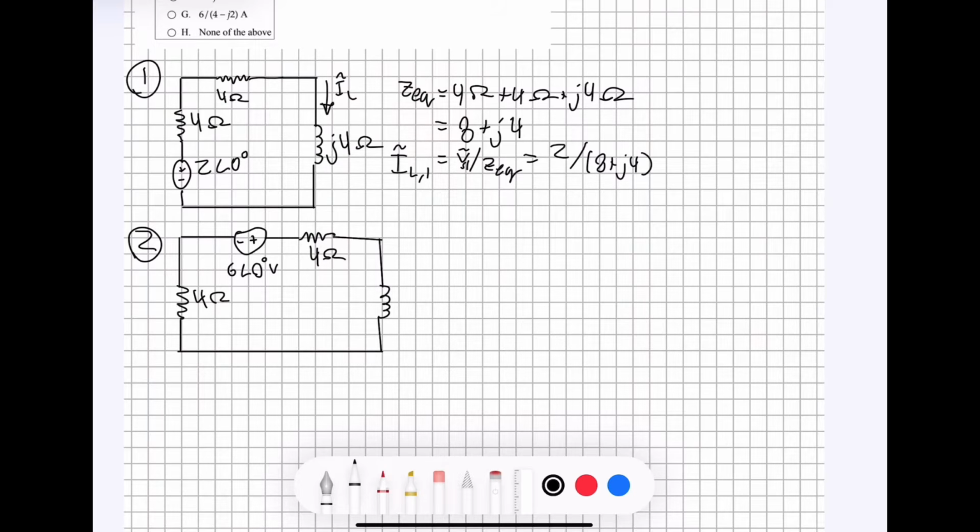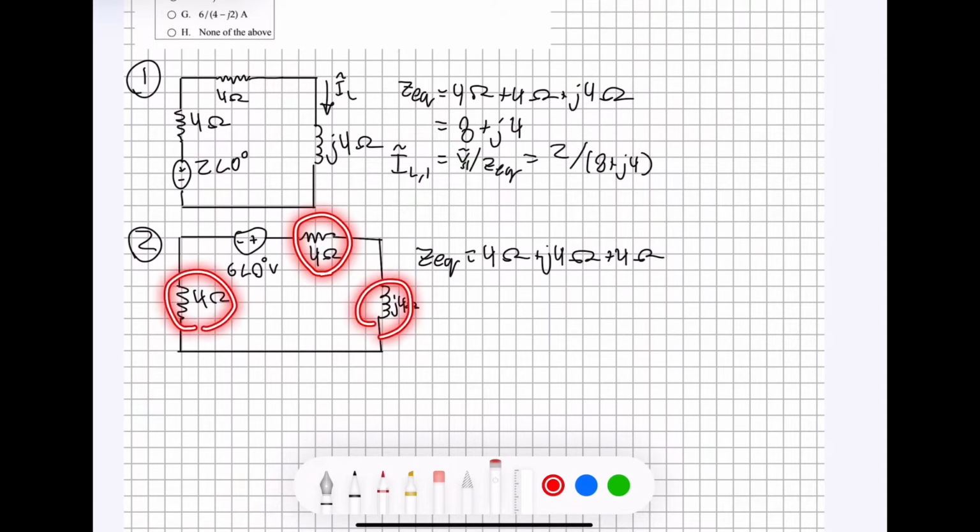And this is our redrawn circuit. Now we're going to use basically the same method we did for the last circuit, where we find the equivalent impedance. That's going to be equal to 4 ohms plus J4 ohms plus 4 ohms, because once again, these three are all in series.